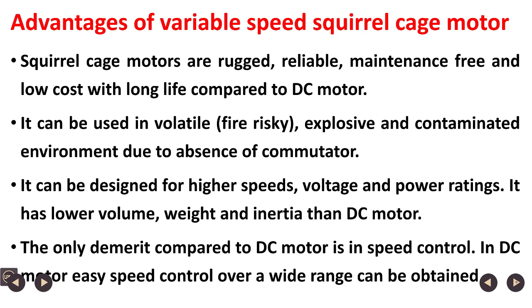In DC motor, easy speed control over a wide speed range is obtained, but in induction motors, particularly squirrel cage induction motor, the speed control is limited to a very narrow range. Speed control is not so easy, so it is not as good as in DC motor.